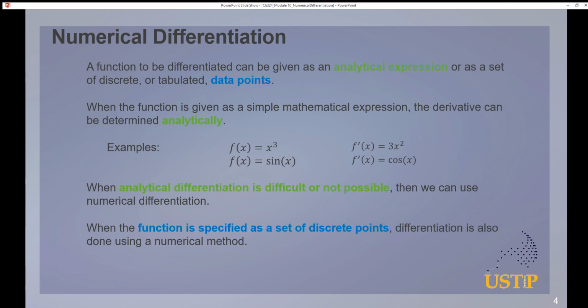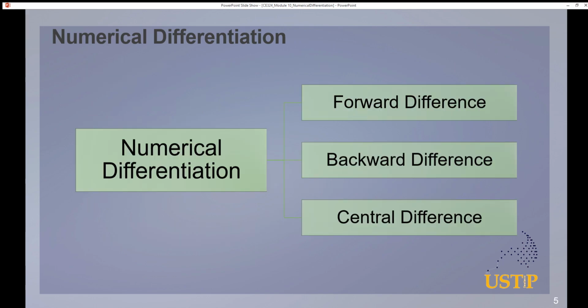Now, when the function is specified as a set of discrete points, without an actual good mathematical expression, just a set of points, differentiation is also done using a numerical approach. When we're talking about numerical differentiation, there are three things to keep in mind: the forward difference, backward difference, and central difference.